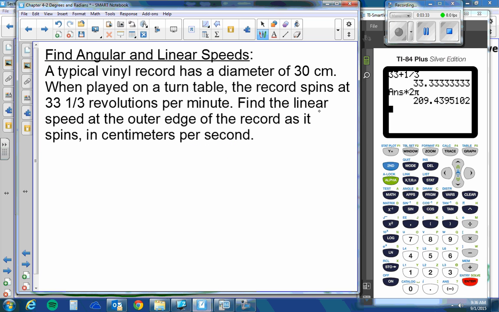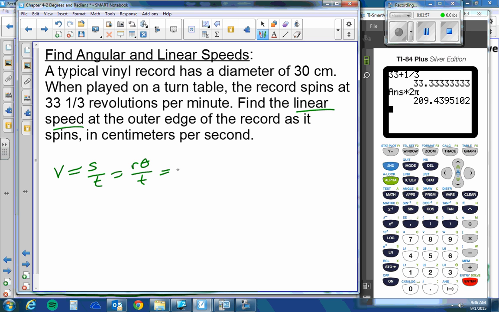Now it just wants us to find the linear speed. Okay? Same situation. And by the way, the distance was irrelevant on the angular part, but now it matters. So once again, linear speed is distance traveled per time, but actually I'm just going to write out the derivation again.